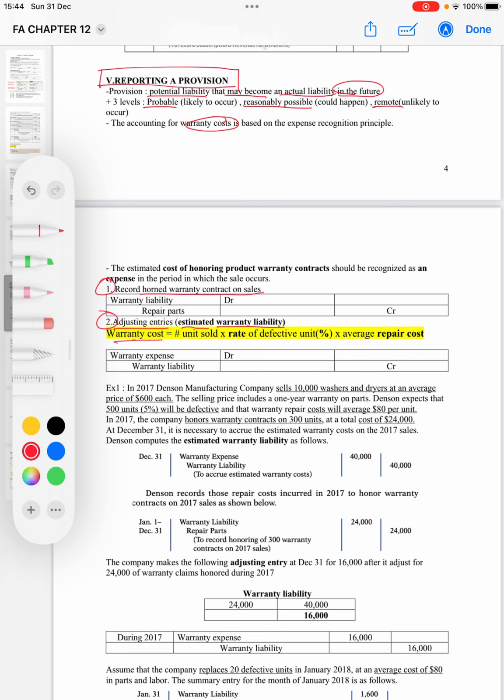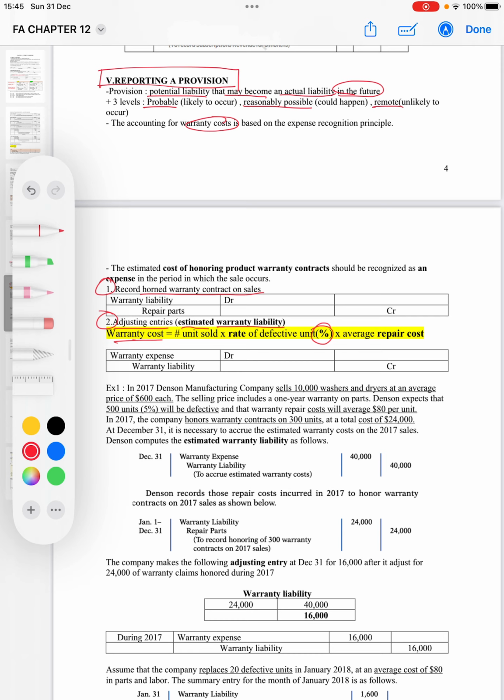So here is the formula of guarantee cost. We use the total units. Please keep in mind this is total, okay? And the rate of defective units in percentage and the average repair cost.